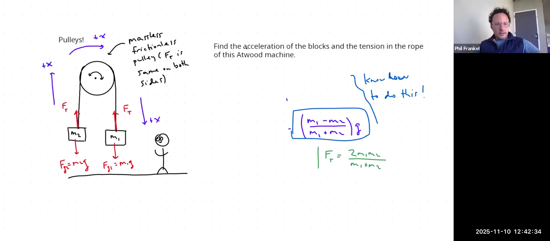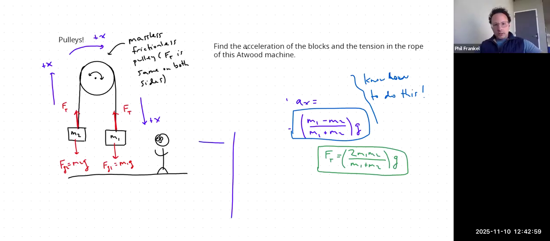The tension force has a form that is this times little g. Obviously, the tension force can't have units of mass by itself, but mass times little g gives you units of newtons. All right, let's make a little chart for ourselves.